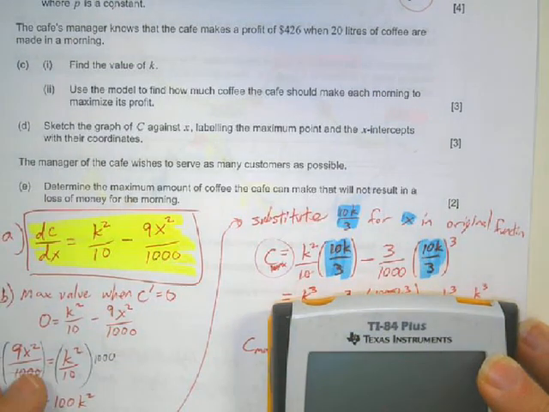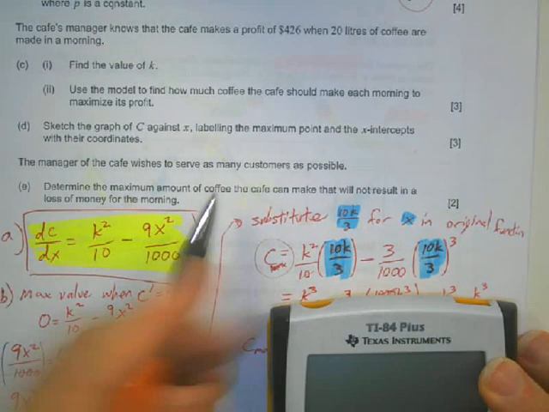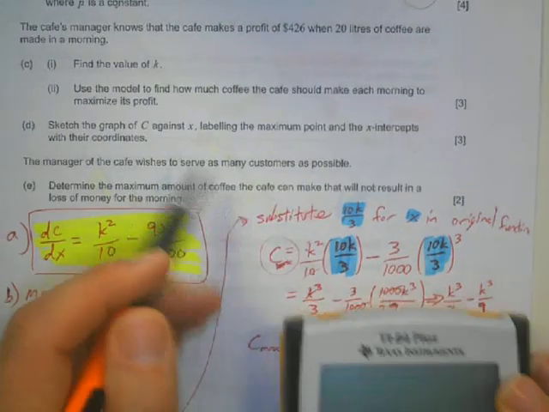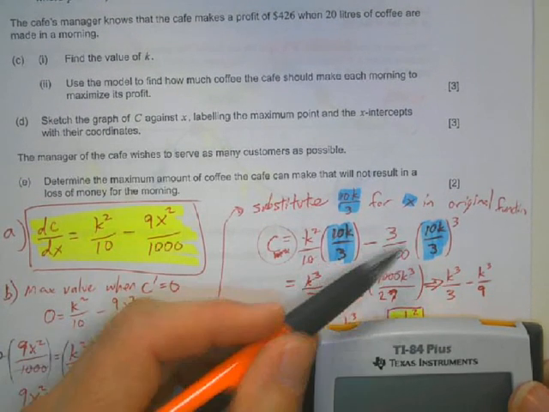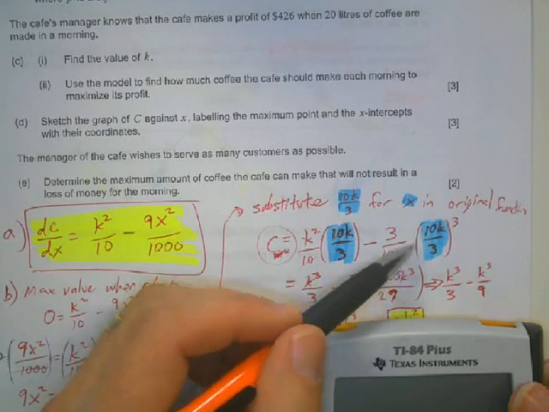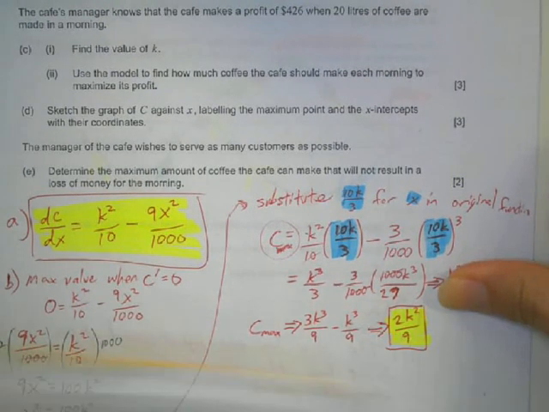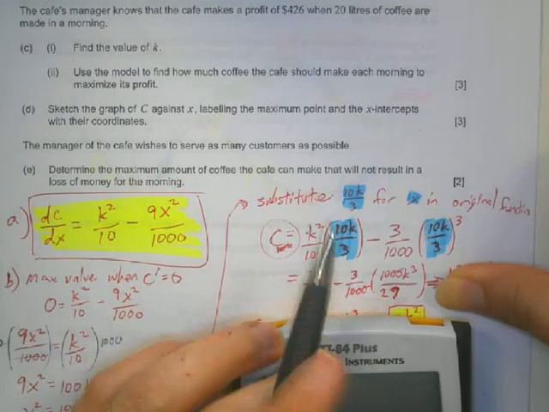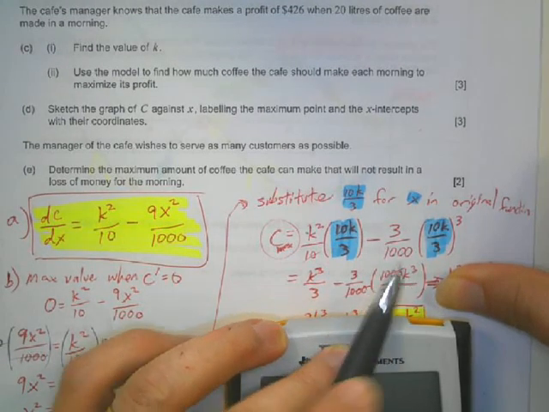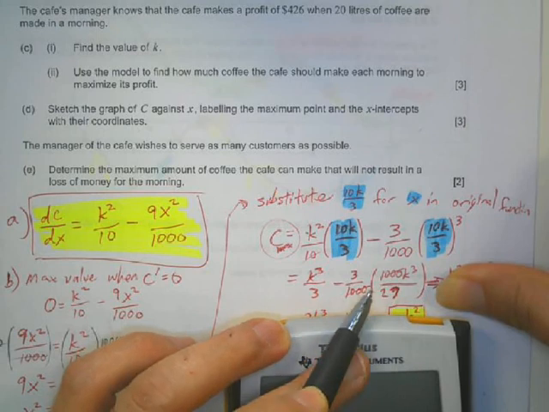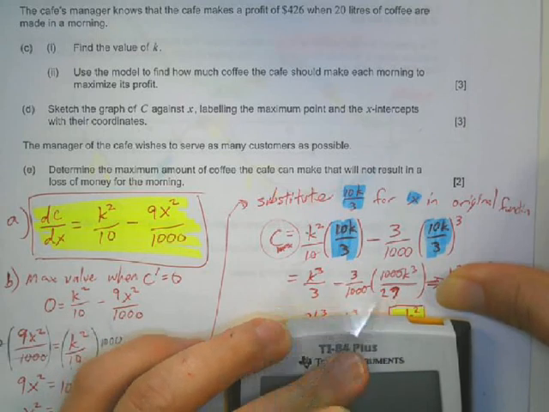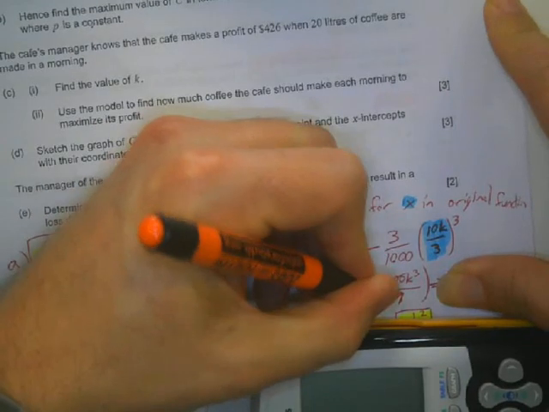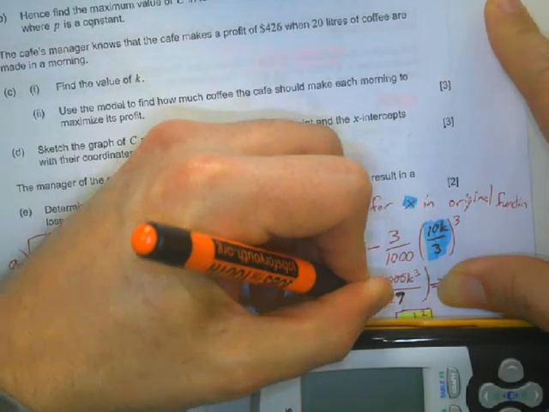Okay, so this 10 and that 10 cancels out, and I end up with k cubed over 3 here. This 10k over 3 becomes 10k cubed, which is 1,000k cubed, and the 3 cubed becomes 27.